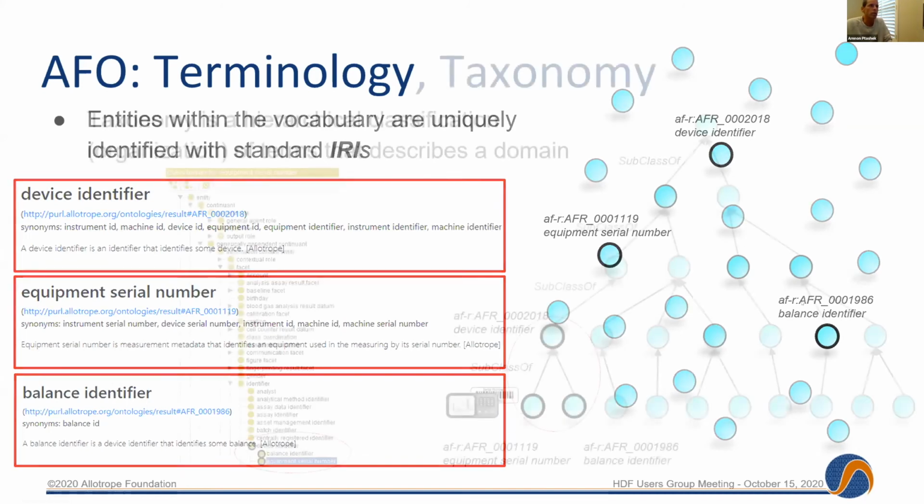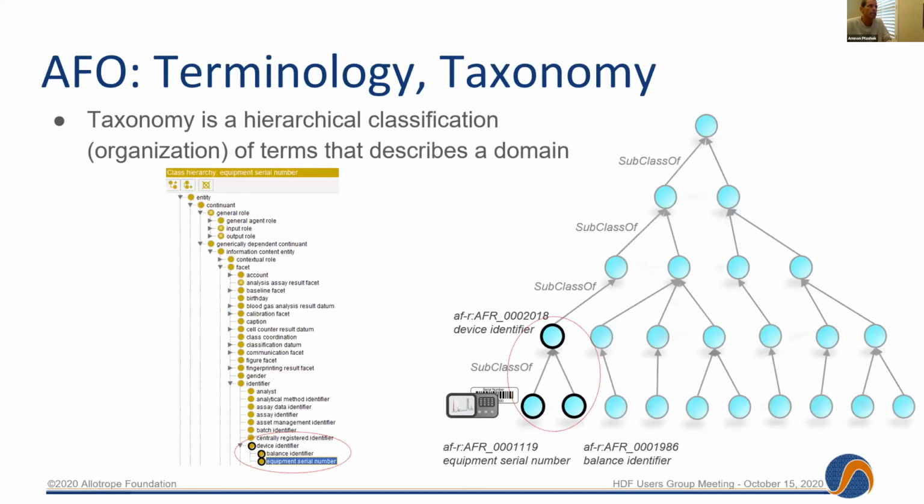Those terms are organized in a taxonomy. And a taxonomy is a hierarchical classification, or if you would like to call it, organization of terms that describe a domain. And this is, for example, a domain for results, so AF-R. And we can see the taxonomy, the tree of terms, and we can see that equipment serial number is a subclass of a device identifier, and balance identifier, balance is equipment within the pharma lab.